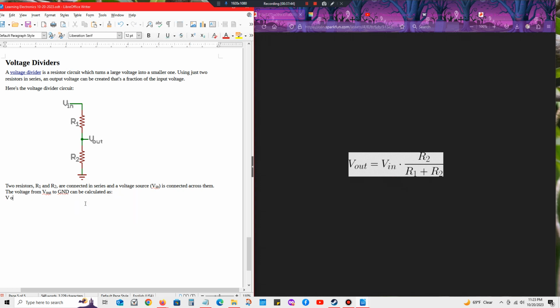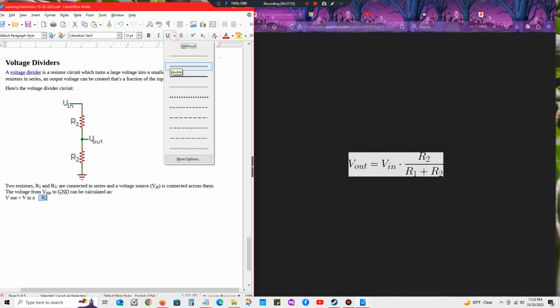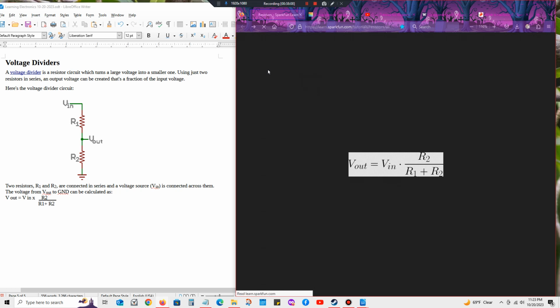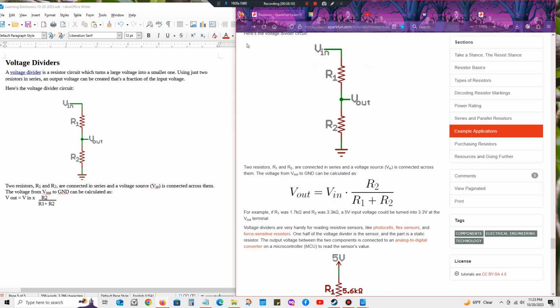So V out equals V in times R2 over R1 plus R2. That's the way I have to copy and paste these images on here.